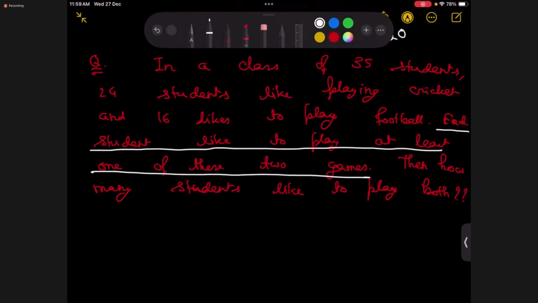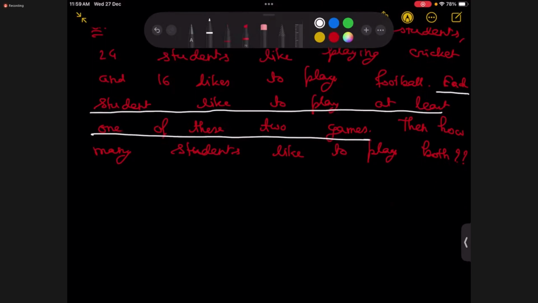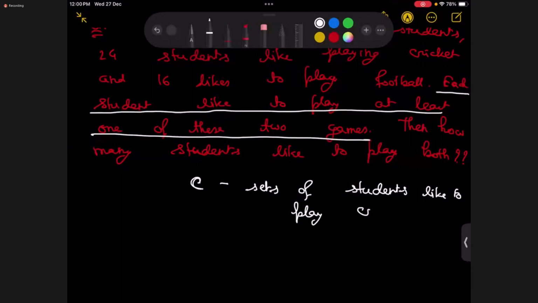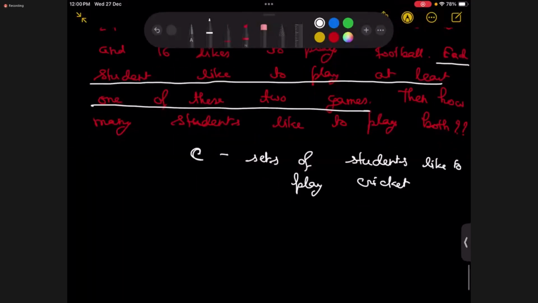So let us denote by C the set of students who like to play cricket, and by F the set of students who like to play football.